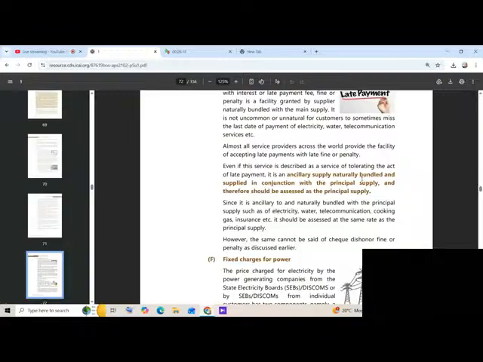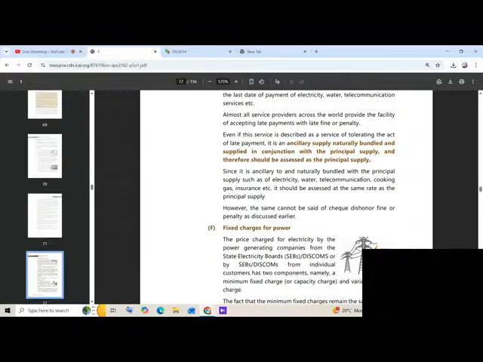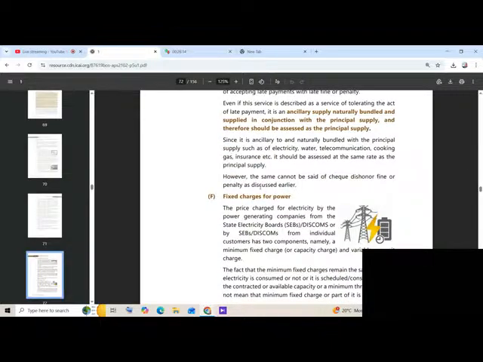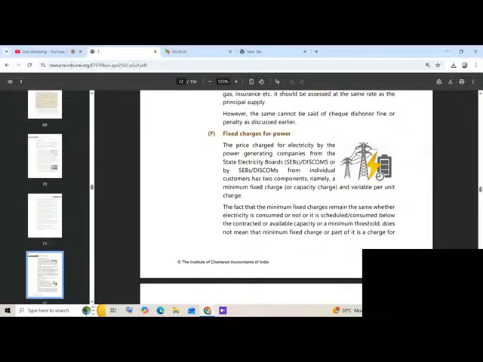Even if this service is described as a service of tolerating the act of late payment, it is an ancillary supply naturally bundled and supplied in conjunction with the principal supply and therefore should be assessed as the principal supply. Since it is ancillary to and naturally bundled with the principal supply, it should be assessed at the same rate as the principal supply. However, the same cannot be said of check dishonor fine or penalty, as discussed earlier.